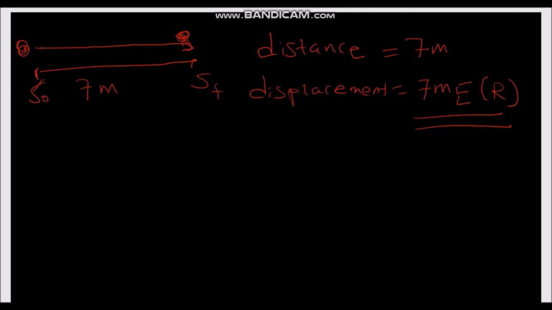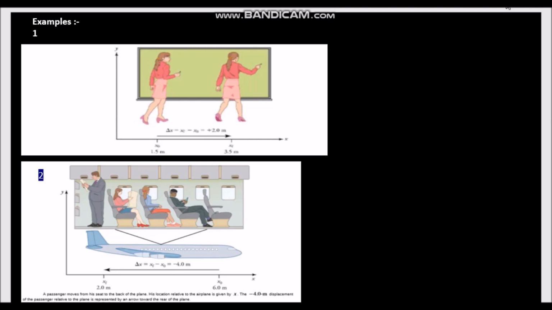The next point, look at these examples. The man moves from this position to this position, then from this position to this position, the direction is towards east.